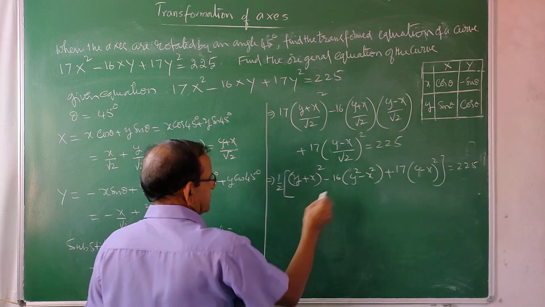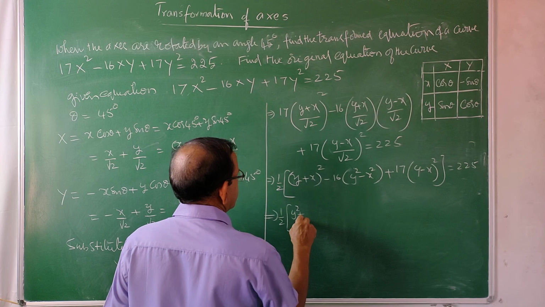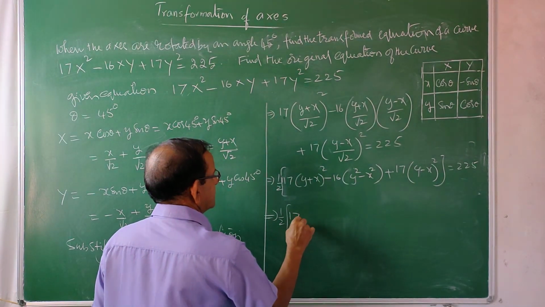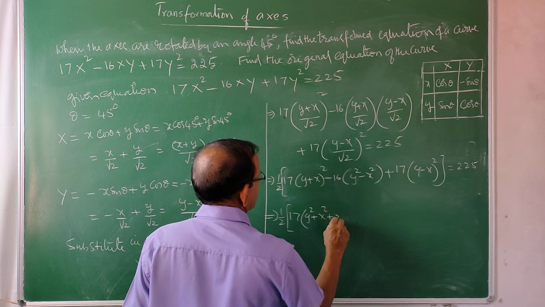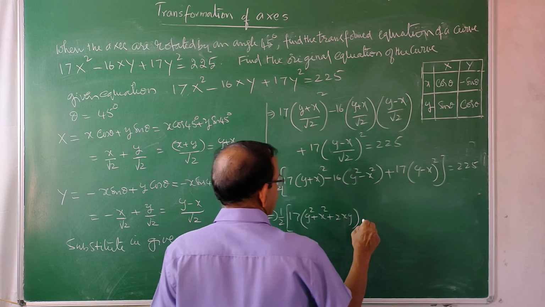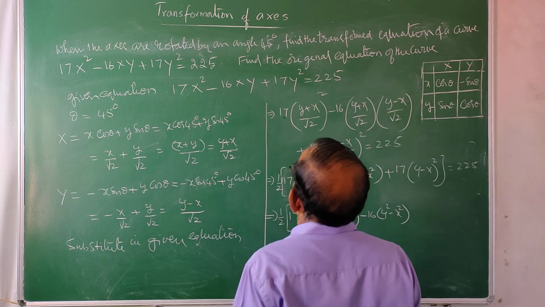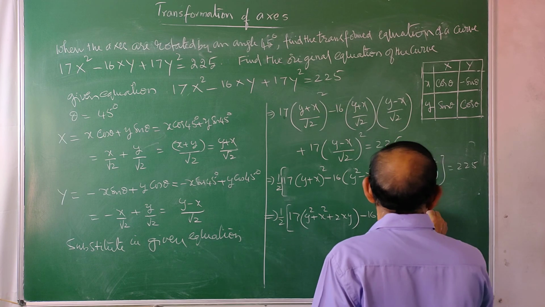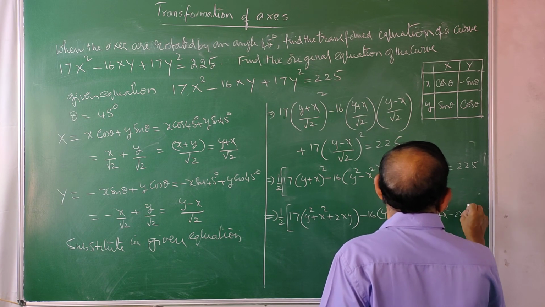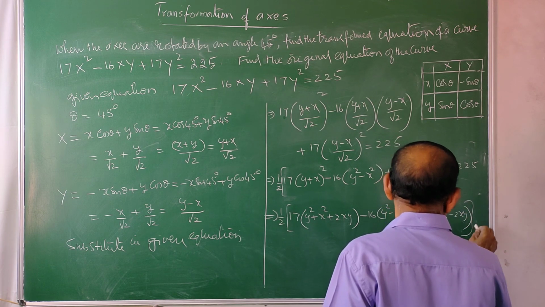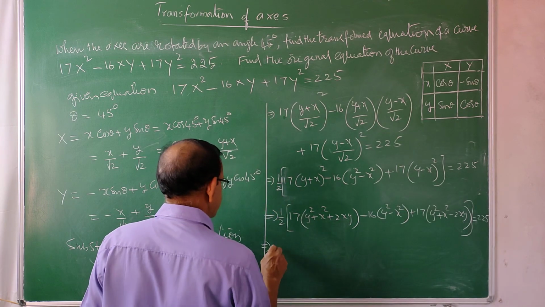Now expand these things, that implies half into 17 into y square plus x square plus 2xy minus 16 into y square minus x square plus 17 into y square plus x square minus 2xy is equal to 225.